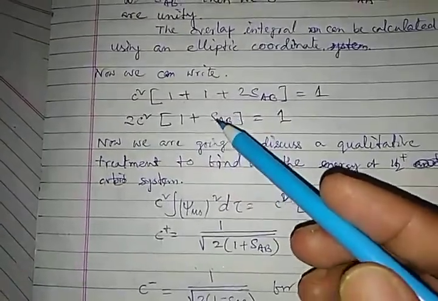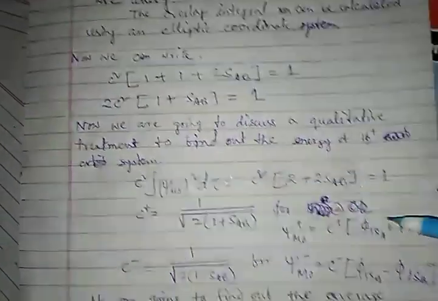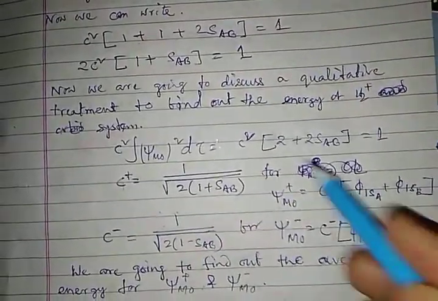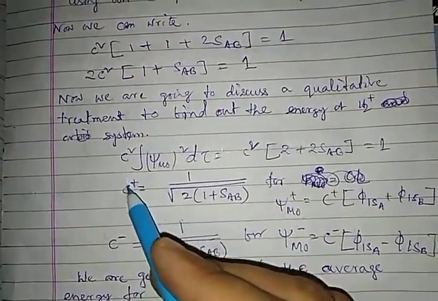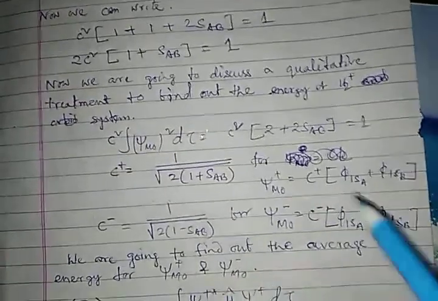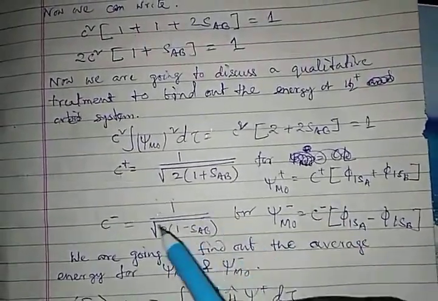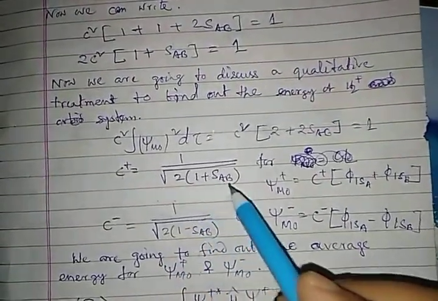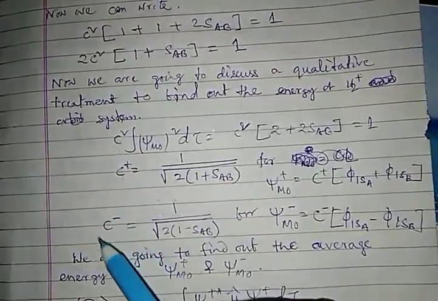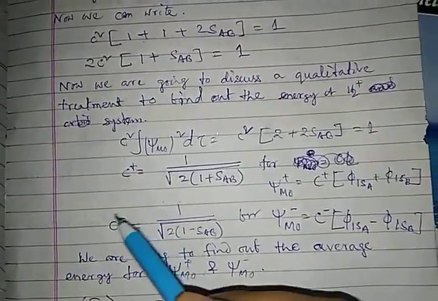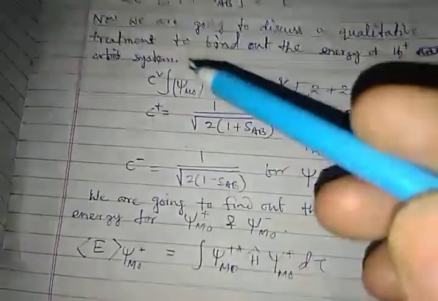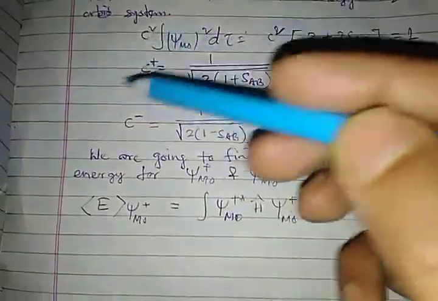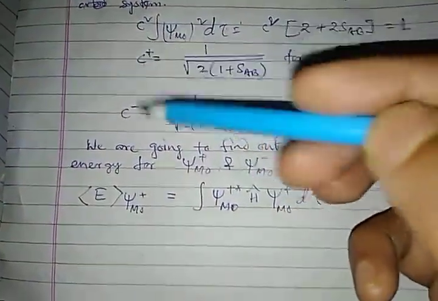Now we are considering only the plus combination. This is for the plus combination, so we denote this coefficient c with superscript plus. Then for the minus combination, I can have this type of relation with minus SAB, with superscript minus. That is, the coefficients are symbolized by different signs in their superscript.